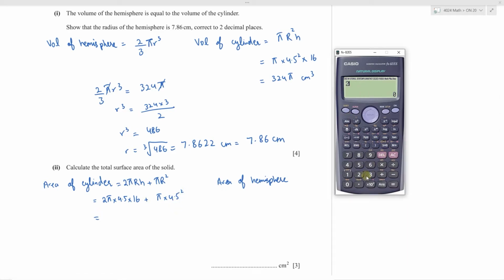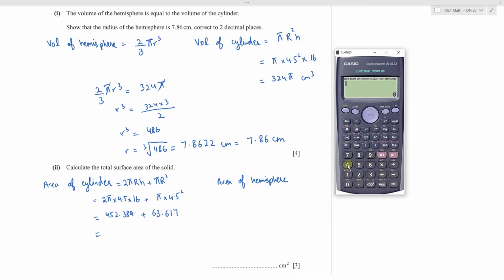So 2 multiplied by pi into 4.5 into 16 is 452.389, plus pi into 4.5 square, 63.617.